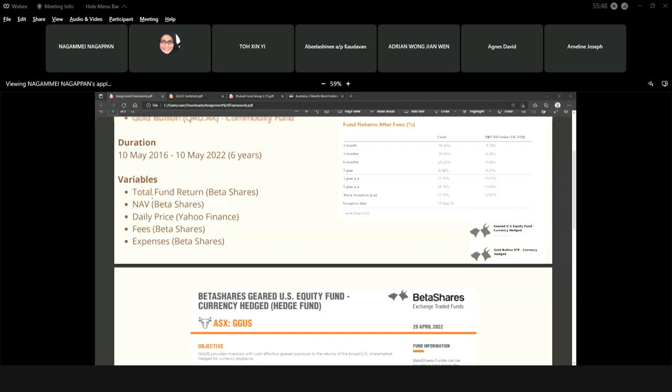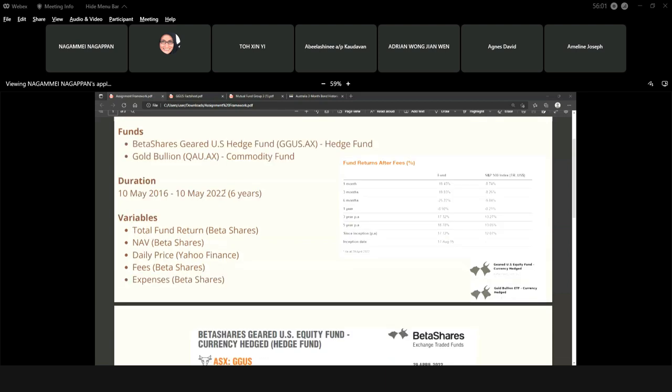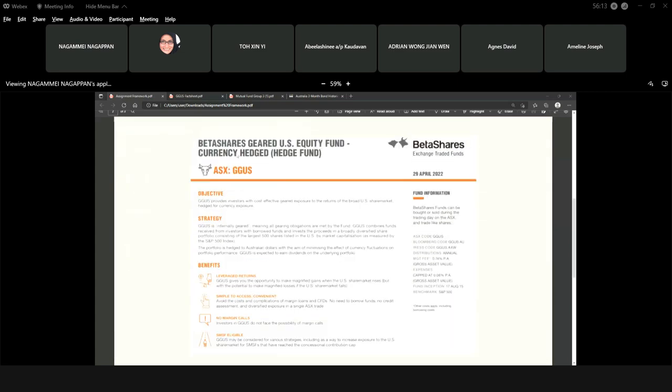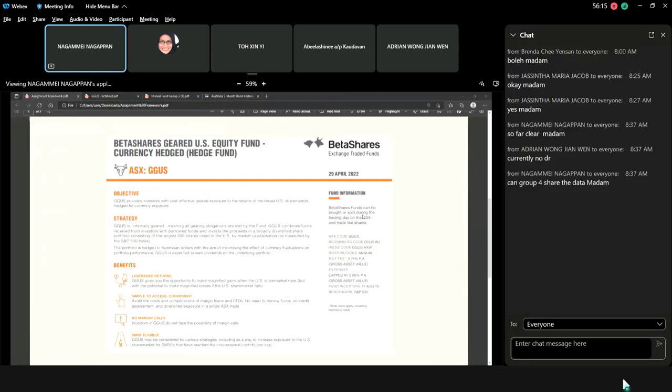So for that, we collected the total fund return, the NAV, the daily price, and also fees and expenses. But today, after the class, I realized we need the RFR. So I just checked in case on investing.com, they provide treasury bills for Australia. So we thought of taking that also. And then this is the currency hedge fund, or details on the hedge fund.